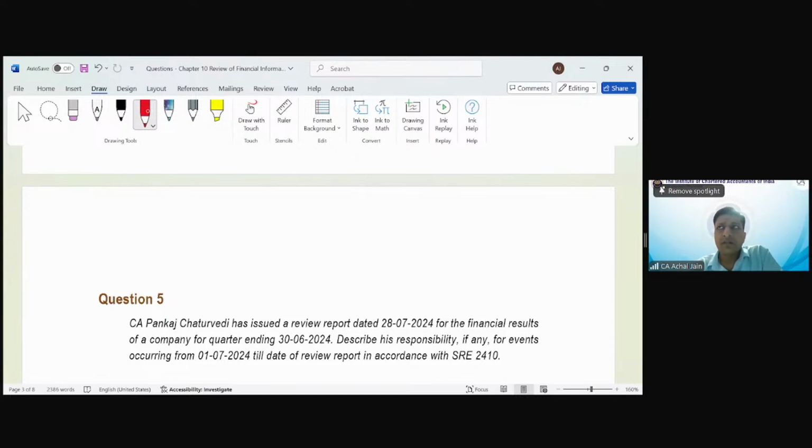That is what this material also provides, and that's always better. And if you want, you can write in your answer that the fact pattern doesn't clarify whether the impact is pervasive or not. So if it is pervasive, you will go with an adverse opinion; otherwise, it will be qualified. That sentence also you can add.